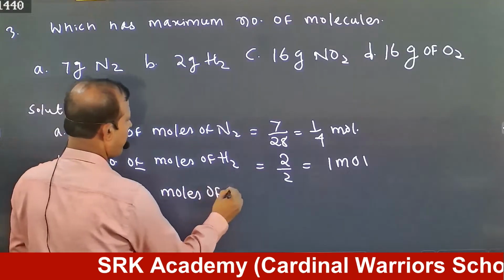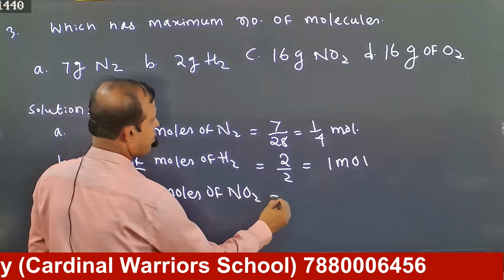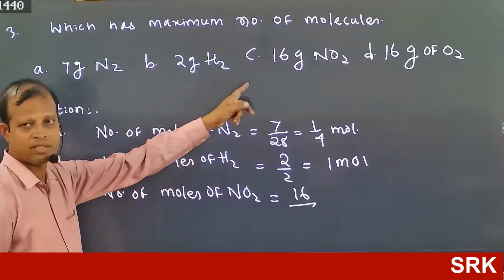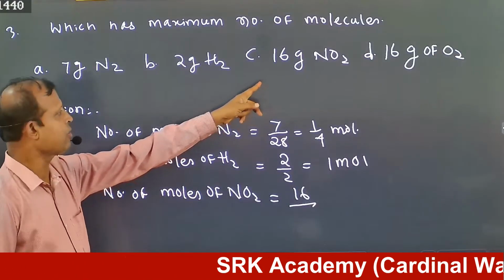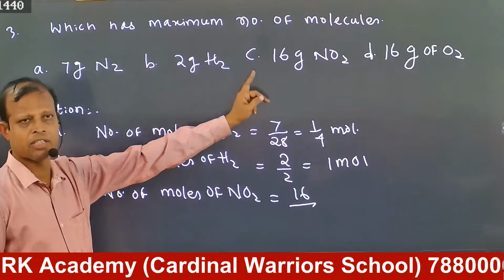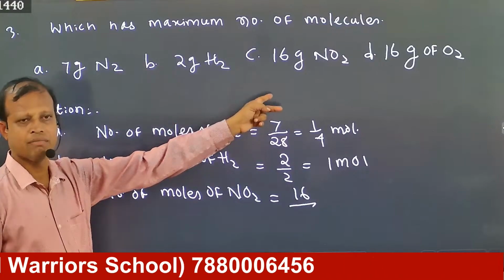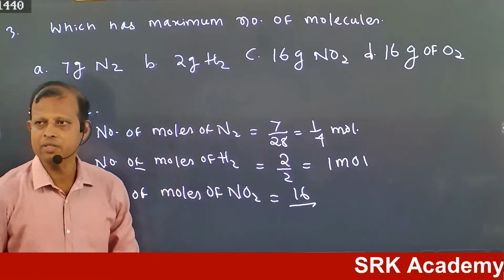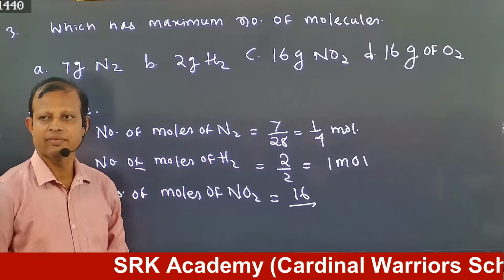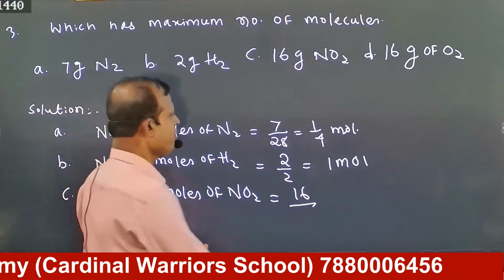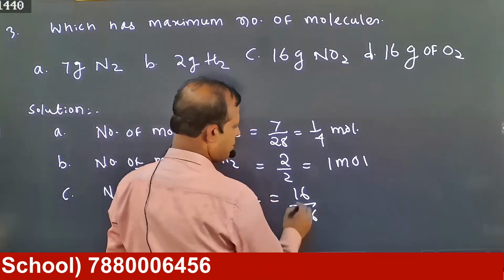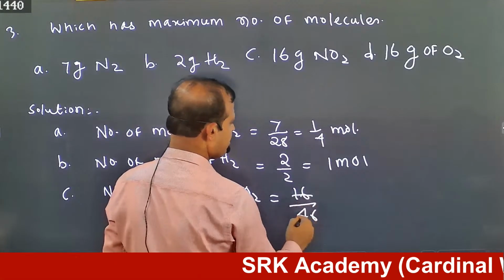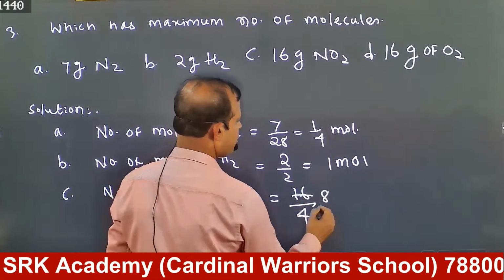Similarly, option C, number of moles of NO2. It is 16 gram given mass upon molecular mass. Nitrogen atomic mass is 14, oxygen is 16, 16 twice is 32, plus 14 becomes 46. So 16 upon 46, which is 8 upon 23.